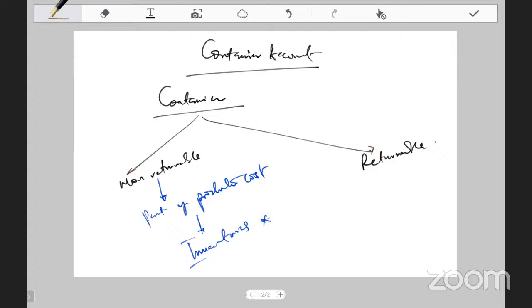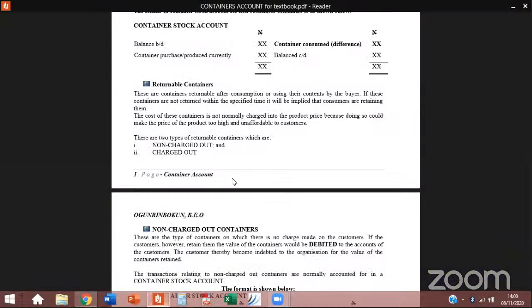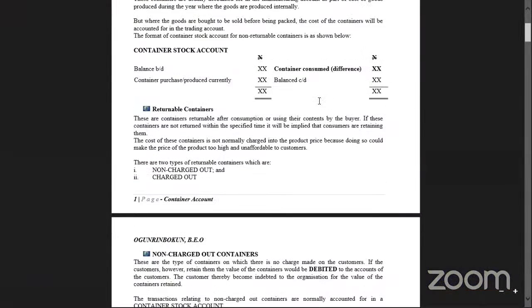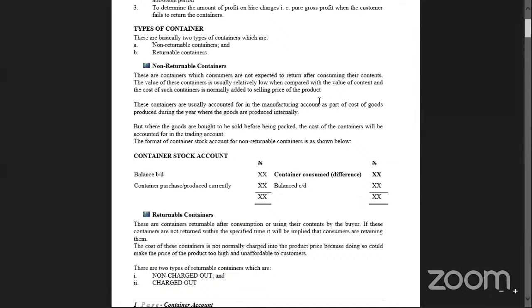Now, I have this note which I sent to you earlier, and I want you to just see the note and see the fundamentals as they relate to what you are going to do in the class today. So let's see what we are going to do. From what I've said earlier, I've given you the types of container that we have and why container is being used. Non-returnable containers are containers which consumers are not expected to return.